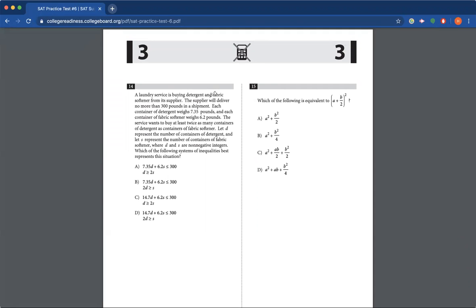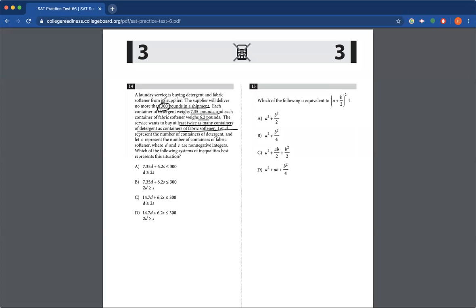A laundry service is buying detergent and fabric softener from its supplier. The supplier will deliver no more than 300 pounds per shipment. Okay, so this looks like an equation problem. Each detergent weighs that much, fabric softener weighs that much. The service wants to buy at least twice as many containers of detergent as fabric softener. So we want no more than 300 pounds.